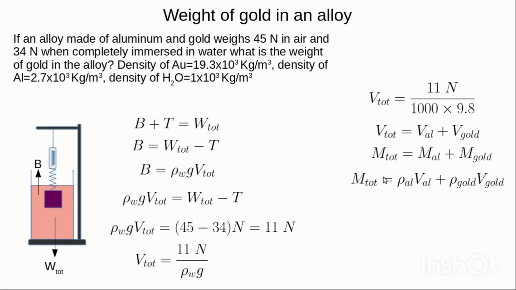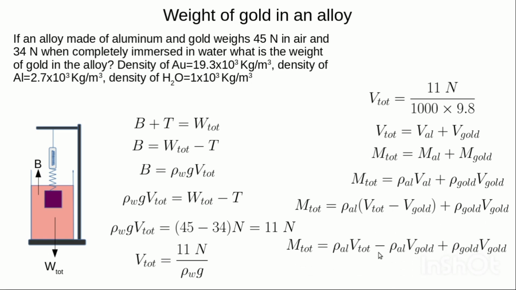We also know this V total equal to this. Since we're interested in calculating the weight of gold, we can eliminate the volume of aluminum by making V aluminum the subject of the formula, and that gives us M total equal to density of aluminum times V total minus V gold, plus this expression. If we simplify this, we have this expression by expanding.